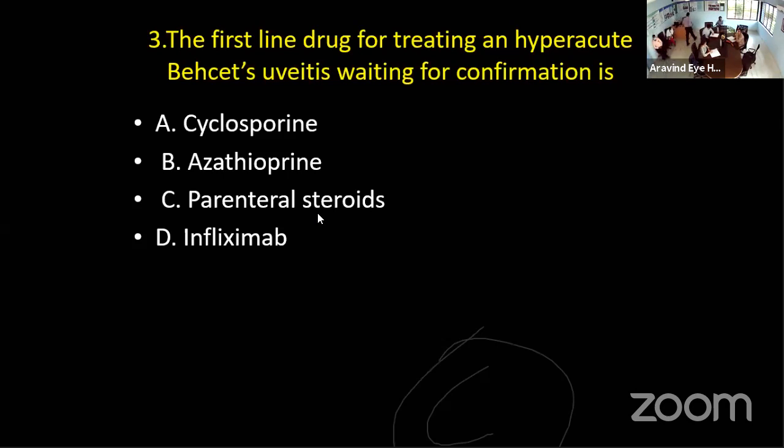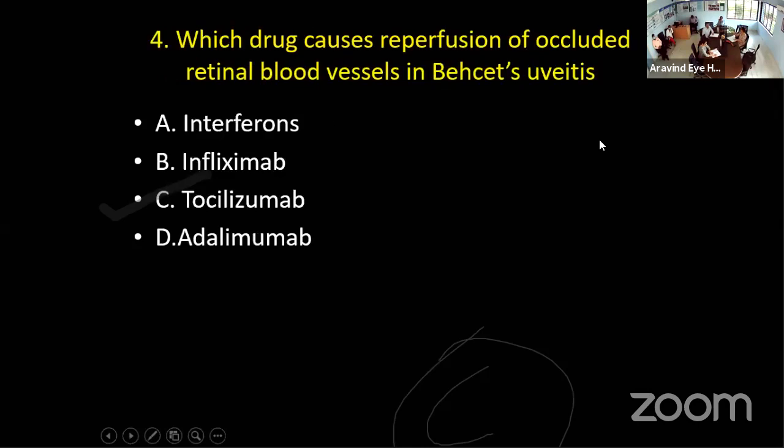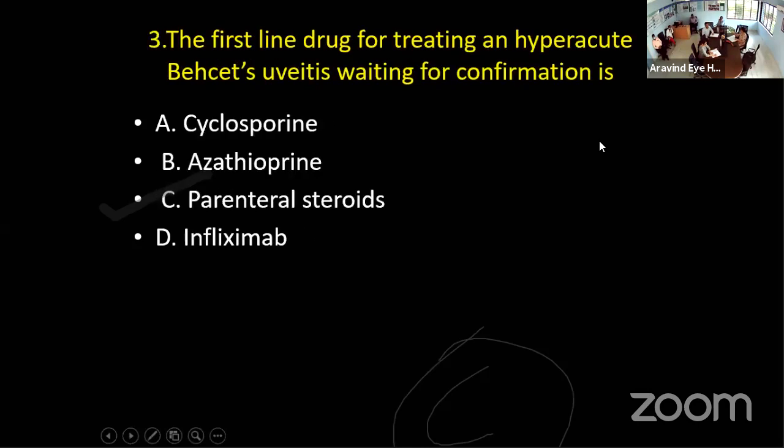Yes. If you are in the US, you can give parenteral infliximab. Even the EULAR recommendation said so, isn't it? But I did not mention it is parenteral. So parenteral steroids will be a prudent option, although parenteral infliximab could also be tried, right? Azathioprine will have a lag period of 4 to 6 weeks to start acting, right?